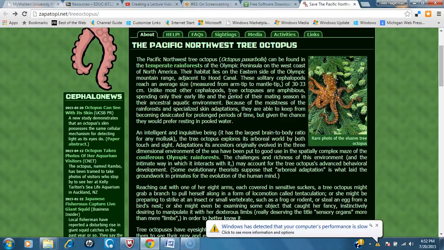So being in a tree in the forest kind of goes against everything that I know about cephalopods. It's not going with what I already know about octopus. They live in water.